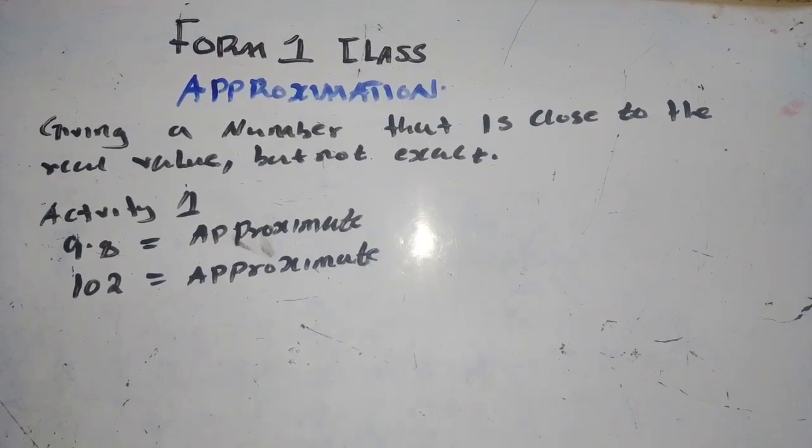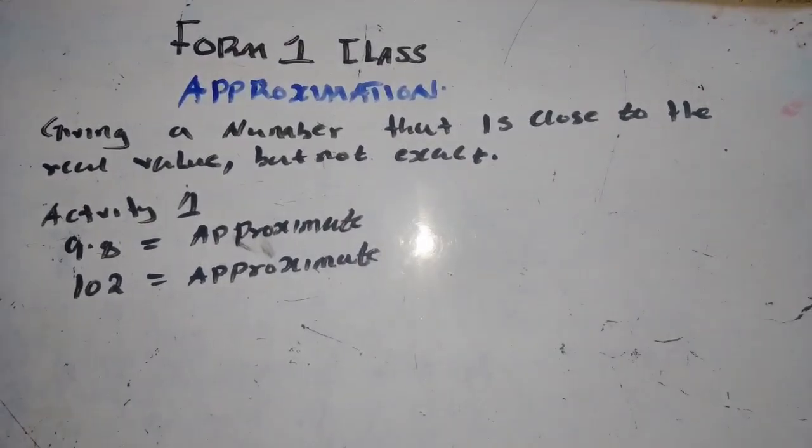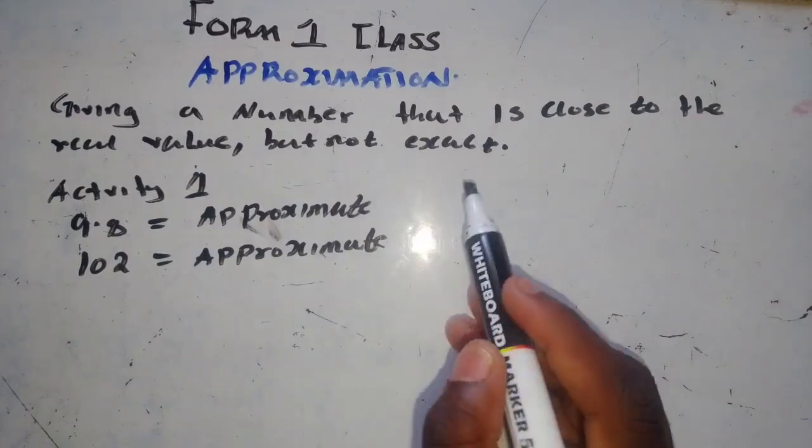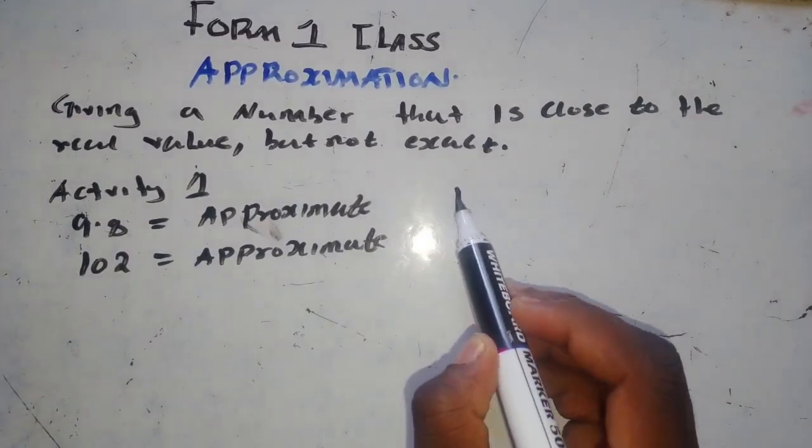So 9.8, if you see this 9.8, it's close to 10, right? It's close to 10, then it is close to 9. So we can approximate this as 10.